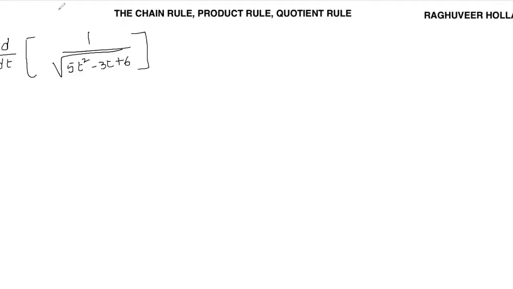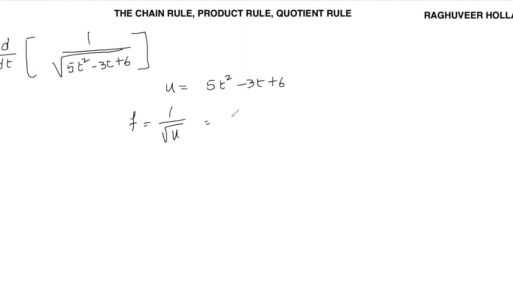Now let us solve this problem by applying the chain rule. So let us consider u as 5t square minus 3t plus 6. Now f will be the function f of u, which is 1 by square root of u.